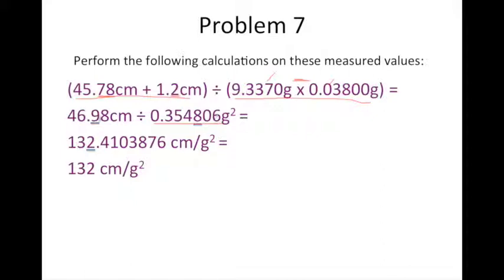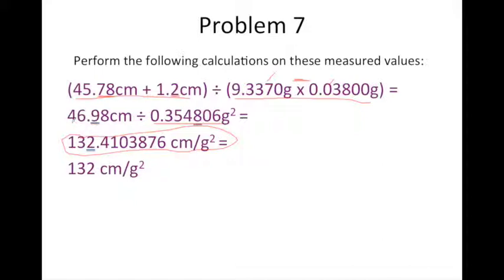So now I need to divide 46.98 centimeters by 0.354806 grams squared. I divide those, and my calculator gives me this big number here. I need to round it to the correct amount of certainty, or the correct sig figs.